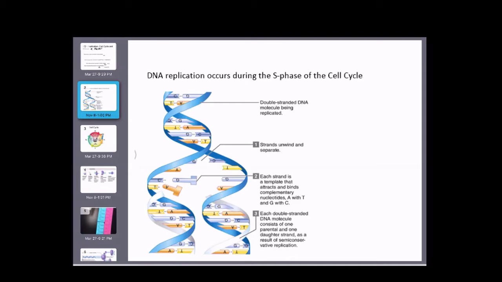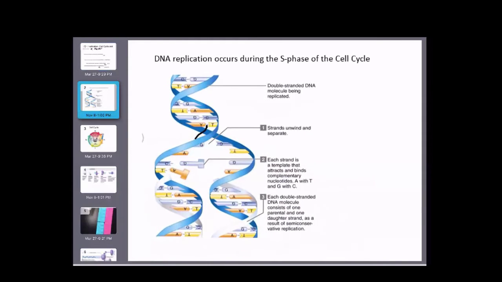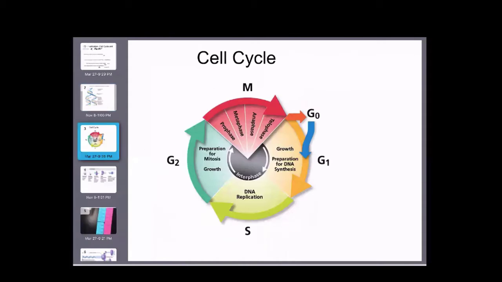This is the picture that actually comes from our lecture book, and DNA has to replicate perfectly before a cell can divide. And so when we look at any cell in our body, any cell that's out there, cells are always somewhere in the cell cycle.